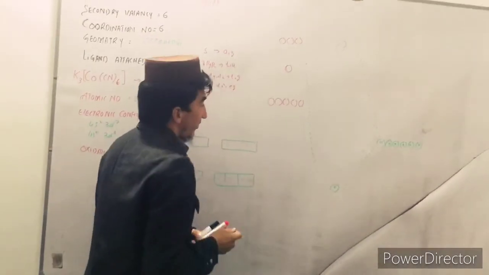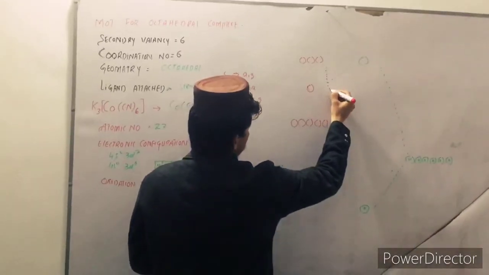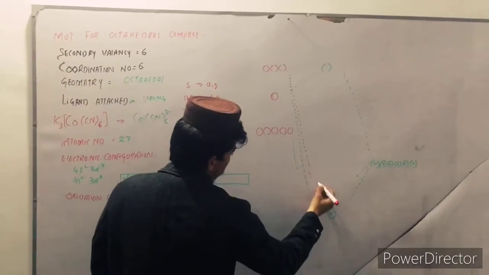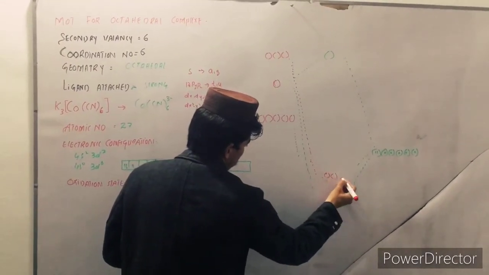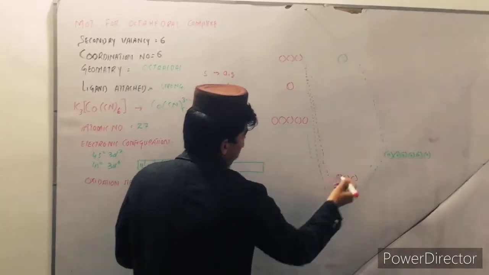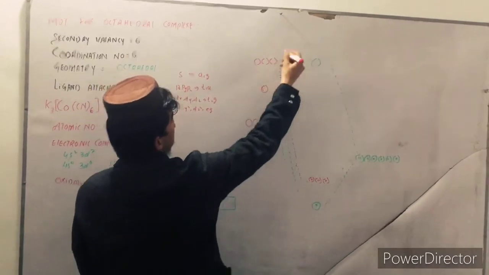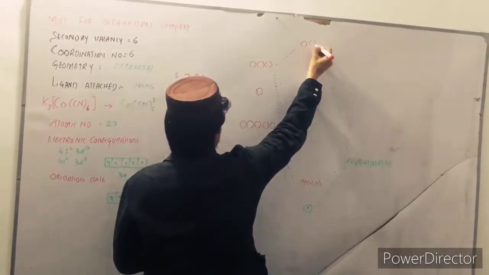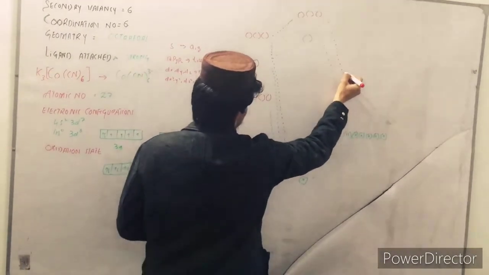So this is made empty because the bonding is formed. For the p, the 3p: 1, 2, 3. So 3 will be filled, 1, 2, and 3. Also it will make an anti-bonding, that is 1, 2, and 3, which will be made over here.